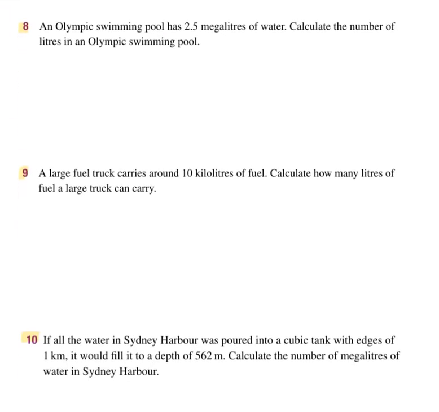Okay, number 8. An Olympic swimming pool has 2.5 megalitres of water. Hopefully from knowing megabytes from computers, you'll know that's a huge number because you've got bytes, and then 1,000 of those makes a kilobyte, and 1,000 of those makes a megabyte. So same for megalitres, huge number. Calculate the number of litres. 2.5 megalitres will equal 2,500 kilolitres, so 1,000 times as much, and there'll be another 1,000 times as much to go into litres.